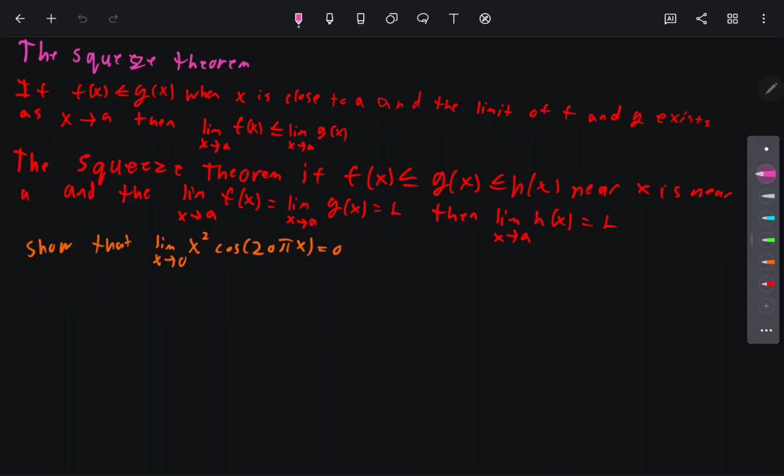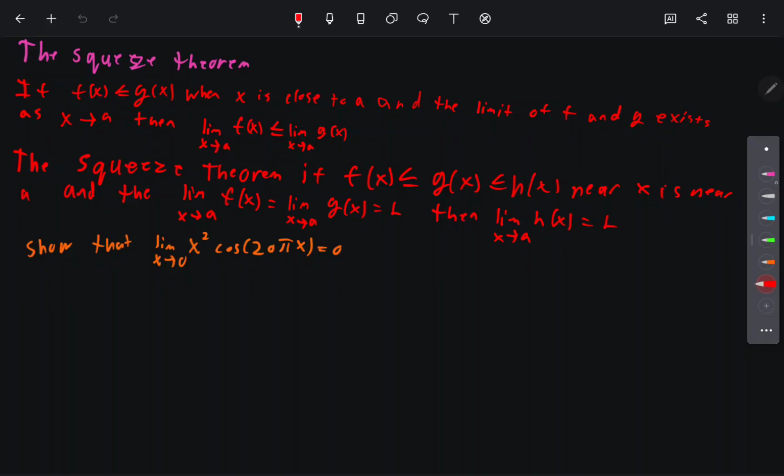If f of x is less than g of x when x is close to a, and the limit of f and g exists as x approaches a, then the limit of f of x is less than or equal to the limit as x approaches a of g of x.